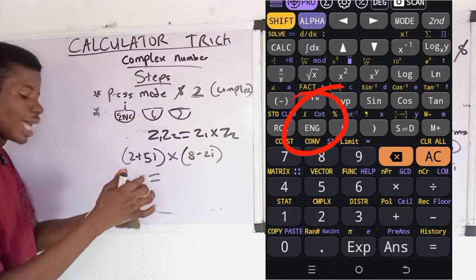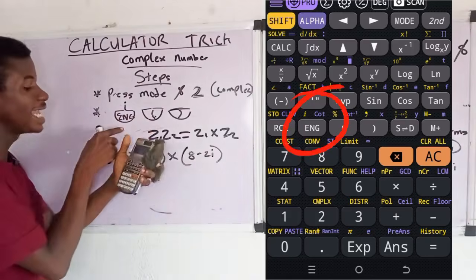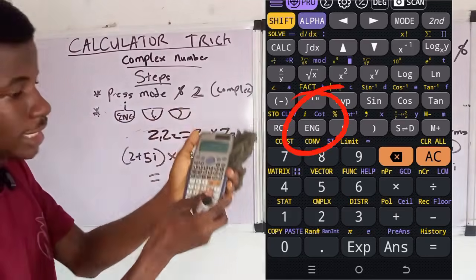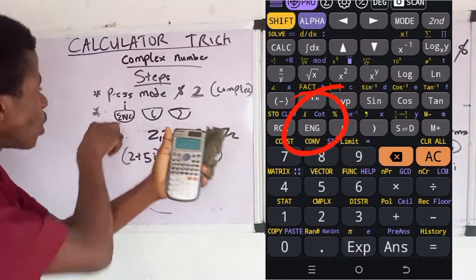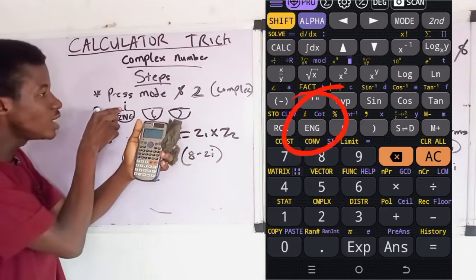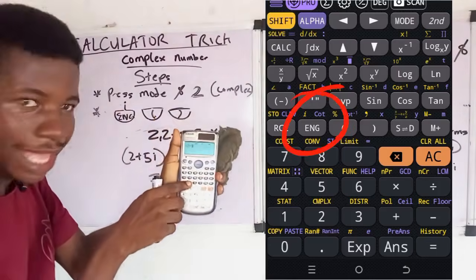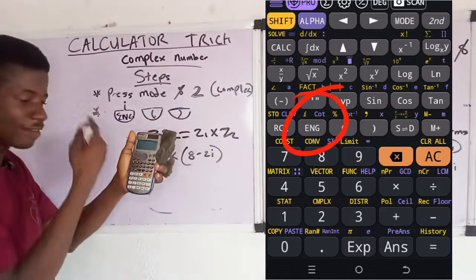You see a place known as ENG. If you press on top of this ENG, you see a little letter i there.